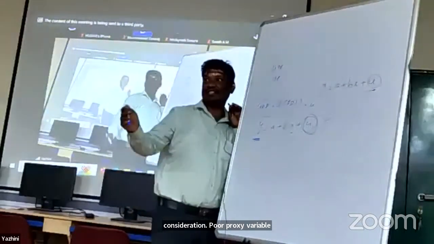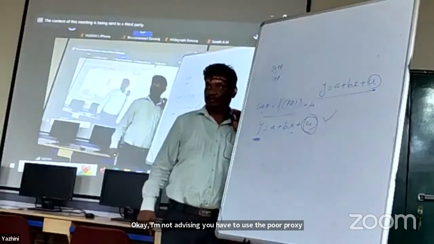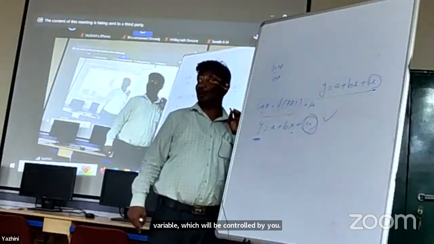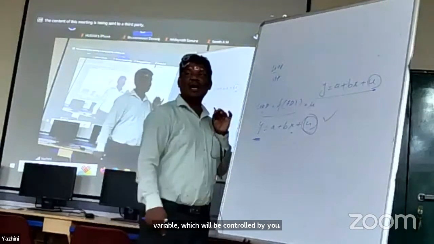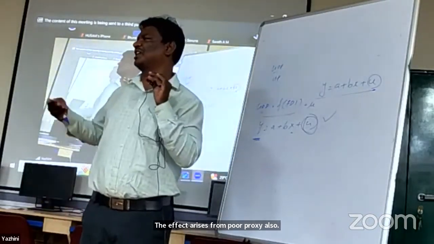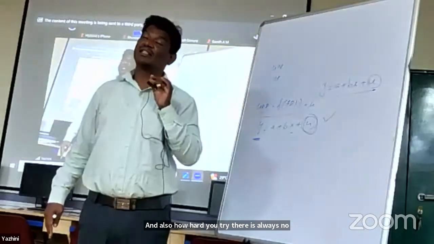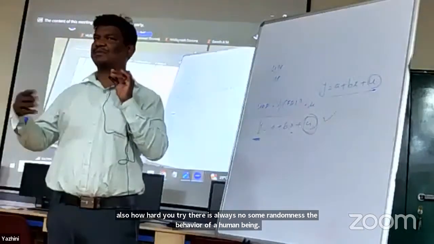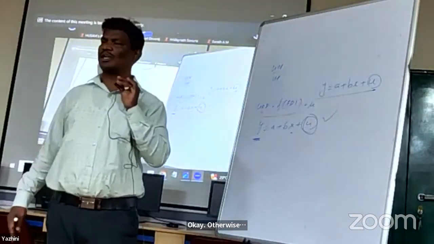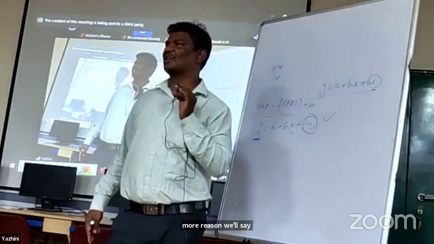I'm not advising you to use a poor proxy variable, which is controlled by you, but the effect arising from a poor proxy also matters. And also, however hard you try, there is always some randomness in human behavior. Otherwise, that will be captured under u. There's one more reason: errors of measurement. What are errors of measurement?